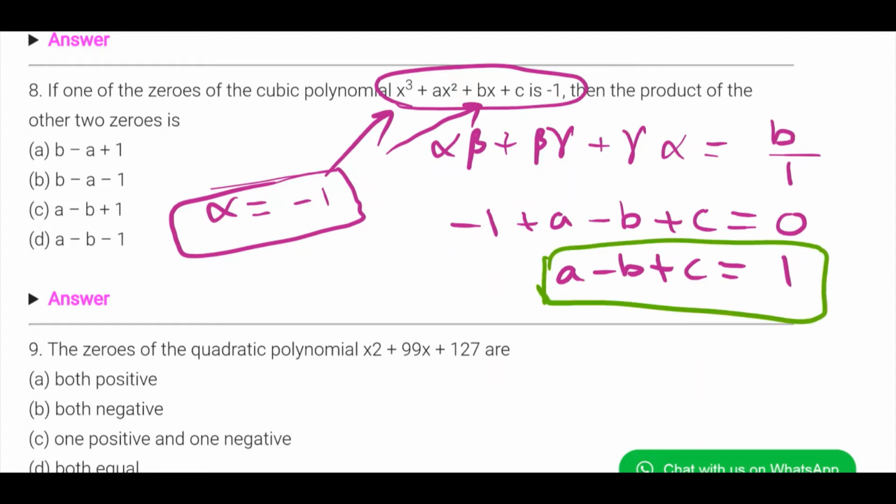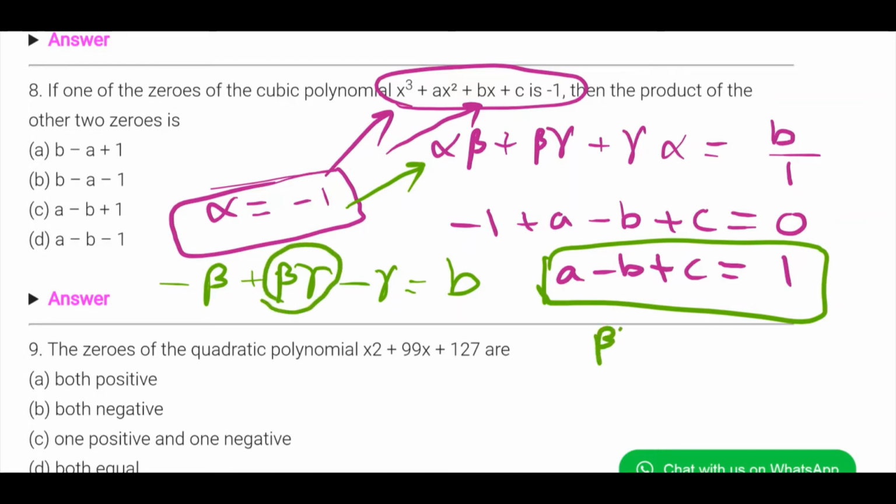If I substitute alpha equals minus 1 in this equation, it becomes minus beta plus beta gamma minus gamma equals b. We need to find the value of beta into gamma.